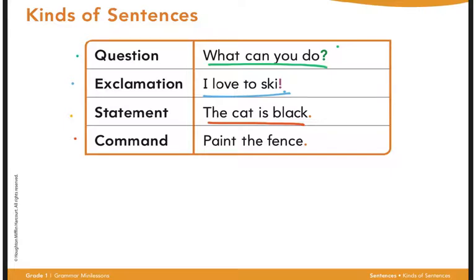It's telling us that the cat is black. It's not orange. It's not white. It's a black cat, okay? Next one is the command. It says, paint the fence. It's telling you that you need to go paint the fence. It's telling you to do something, isn't it? Okay, let's take a look at my next page.